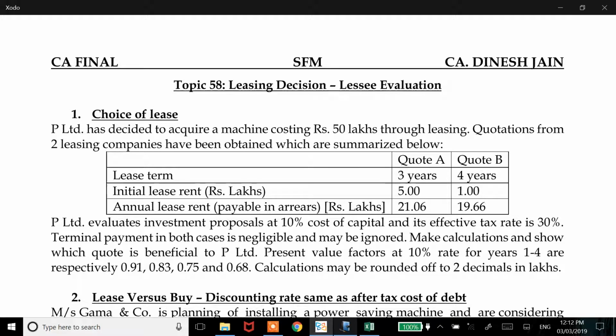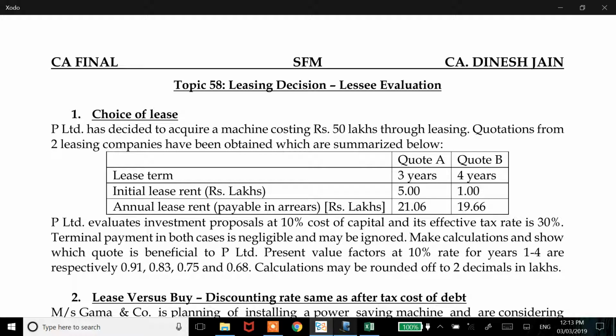That's your outflow. Tax benefit is 30% of 26.06. You said everything right, but the 21.06 into 70% was fine. Minus, you should have said 5 lakh into 30%. You said 5 lakh into 70% in the minus part.